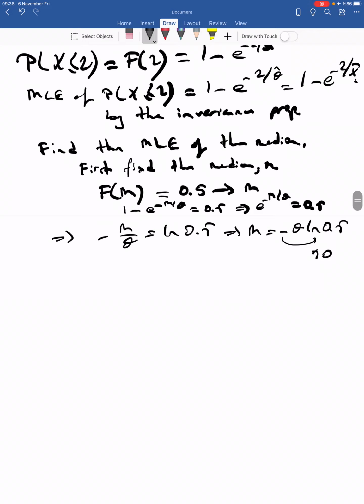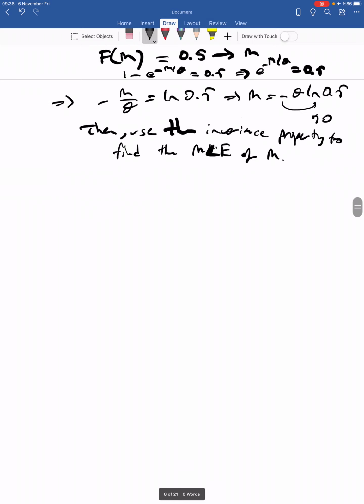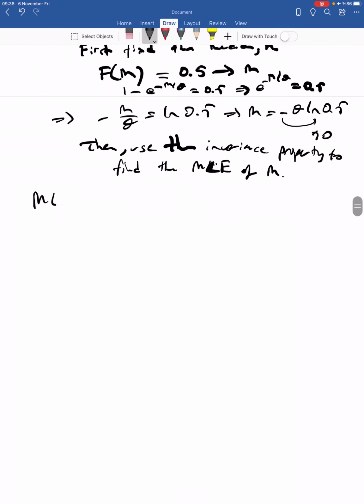So if we want to find the MLE, then use the invariance property to find the MLE of m. So the MLE of m equals, what is our form?